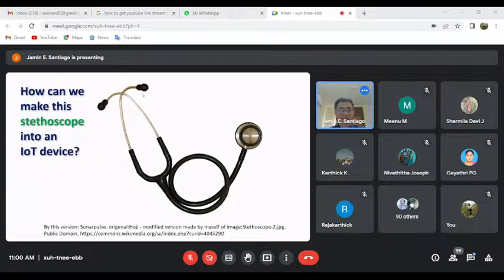Actually, there's another one. From this data, we can now apply artificial intelligence. The artificial intelligence algorithm will say, from this sound coming from this person, okay, there's an 85% or 90% probability that this person has this lung condition.